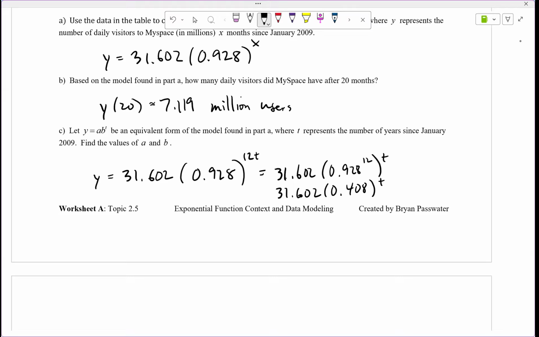Which means in the year, it decreases by about 50%, 59.2%, about 60%. Monthly, it decreased by 8%, so over the year it's decreasing by 60%. Yeah, 59.2%, because we're looking at a difference from 1.